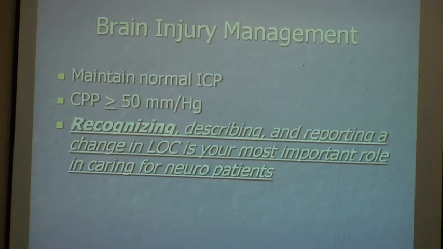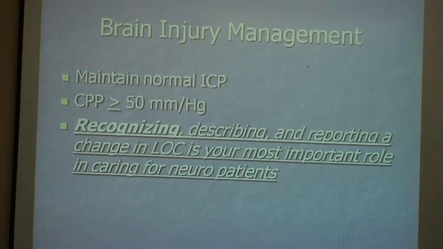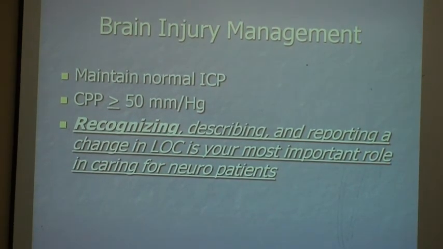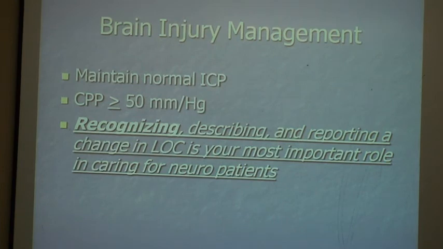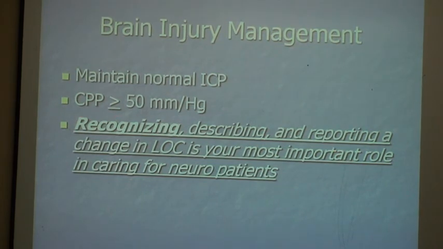So, we want to maintain a normal ICP, keep their cerebral perfusion pressure greater than 50 at least, hopefully greater than 60 to 70. And then making sure that we recognize, by doing serial exams, and are able to describe and tell the doctor what's going on with our patient.